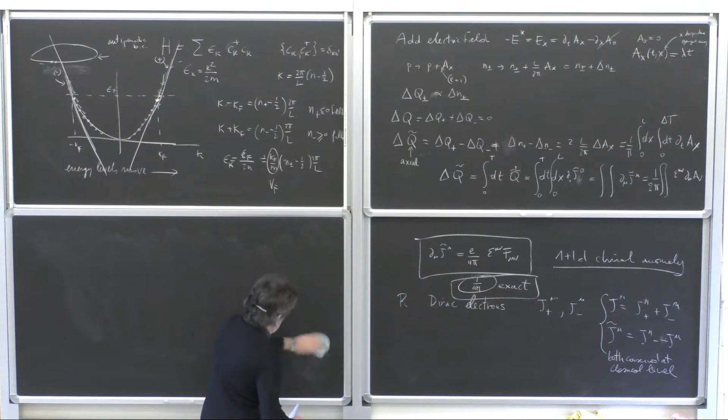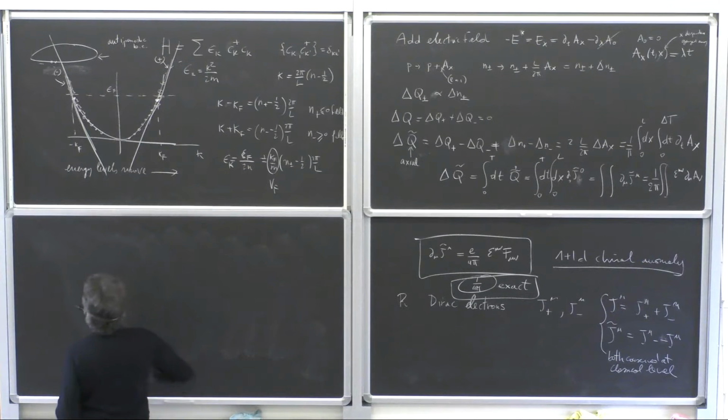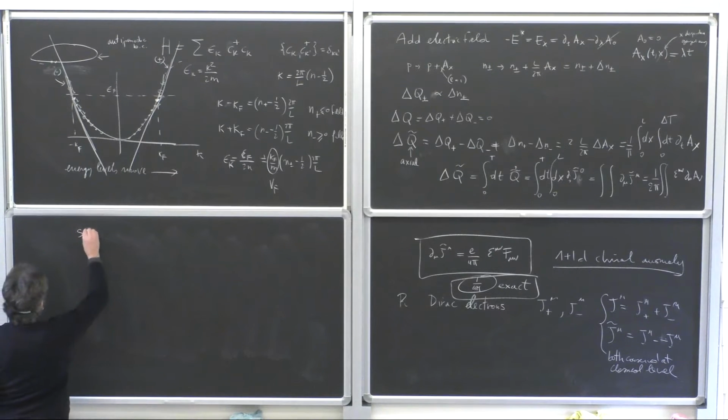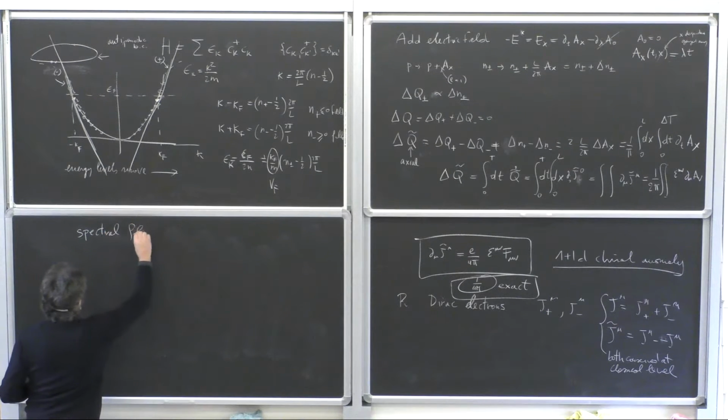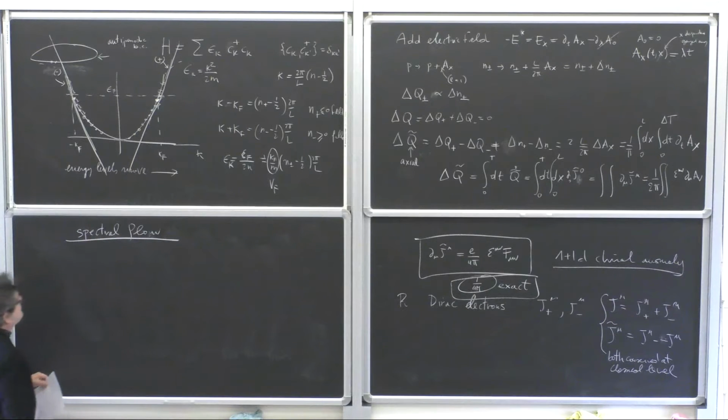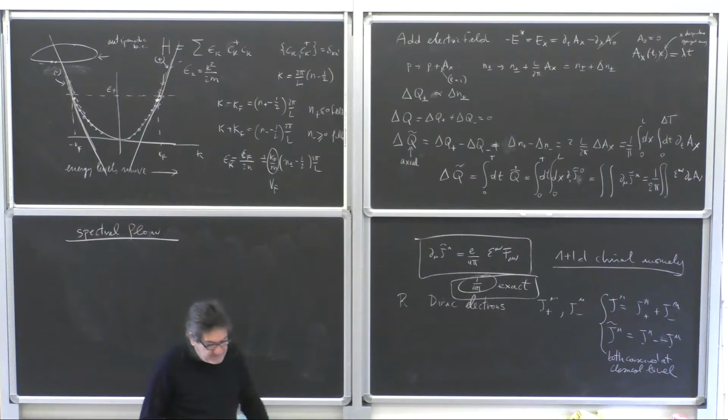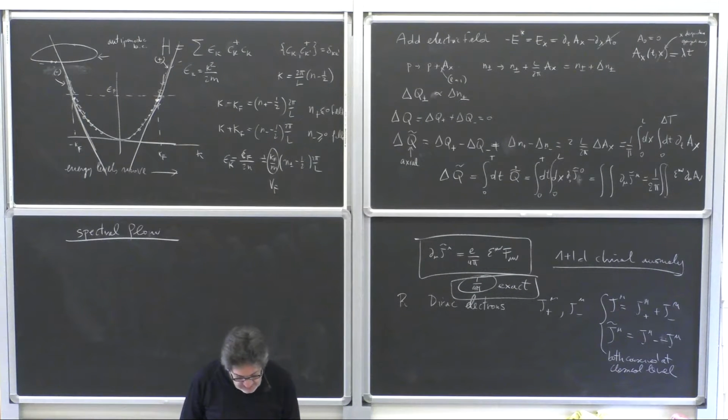So this is spectral flow. And this result is independent of how much you complicate the business. So let's see how this is possible.